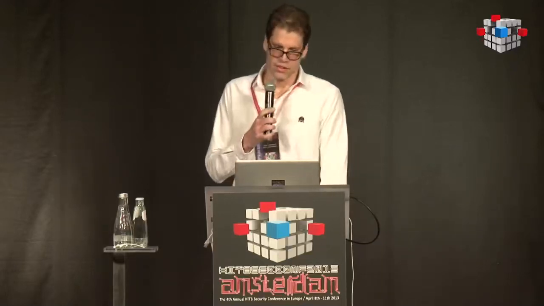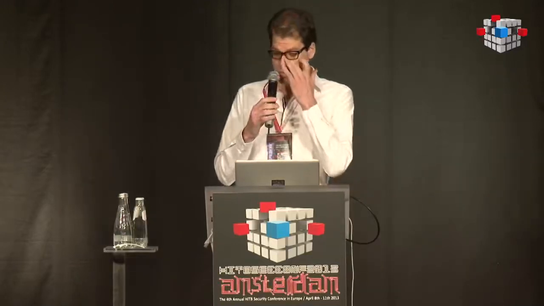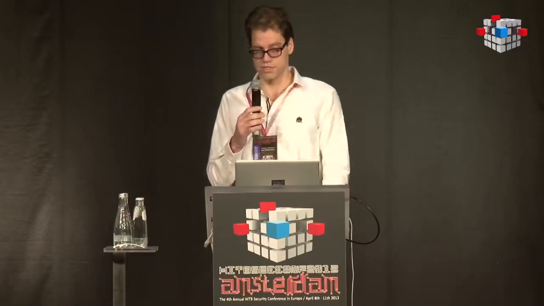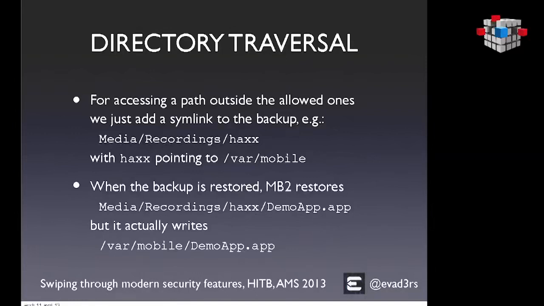So for the directory traversal, we can use a trick in the way we plant a symlink in one of the allowed paths. We use the media recordings, put a symlink, and this symlink points to the location where we want to create the files we need. So when the backup is restored, instead of actually writing to that backup domain path, we actually write to the path we set with the symlink.